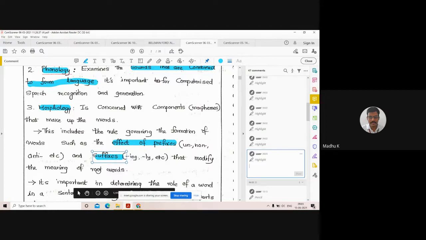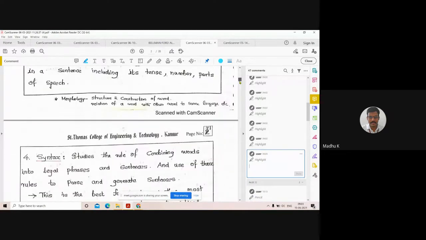So this is about morphology. Please just go through it.